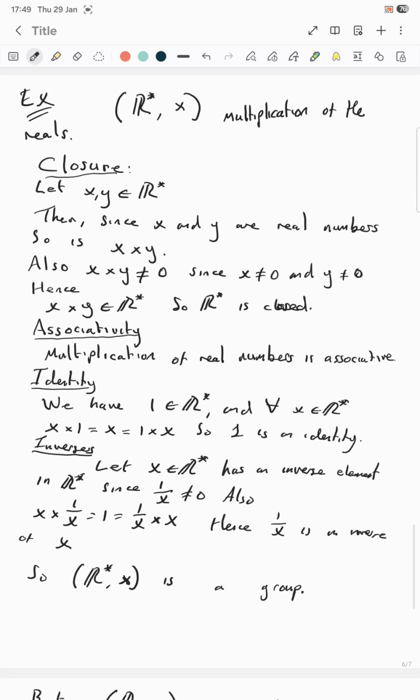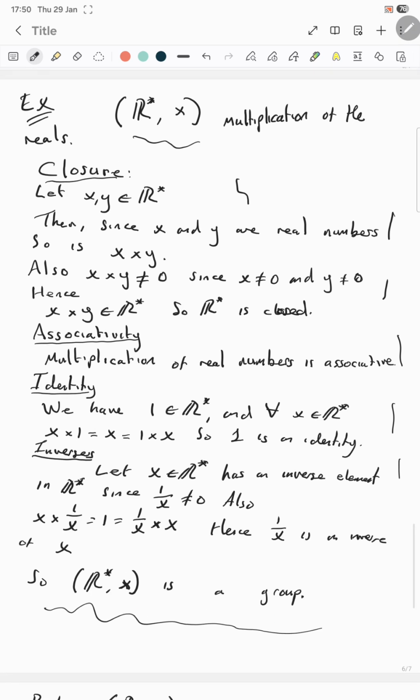Now example here, R star under multiplication of the reals. So we will test if this is a group by going through the axioms. Closure here, associativity, identity, inverses. So once we've checked all of these, we've determined that this is indeed a group through our axioms.